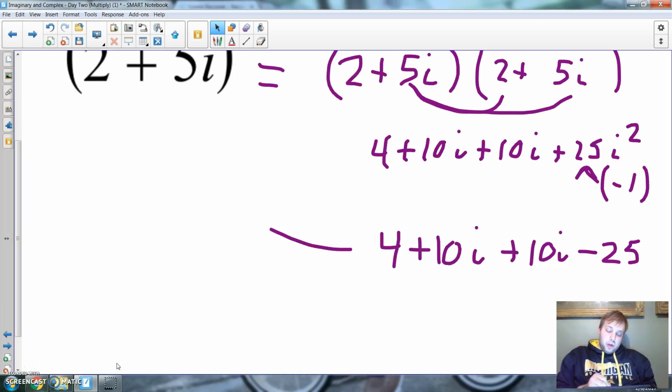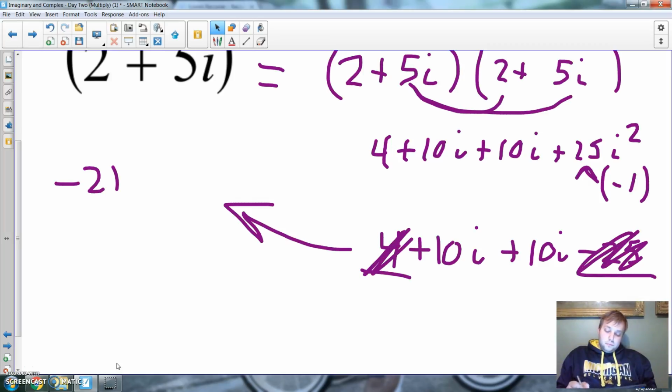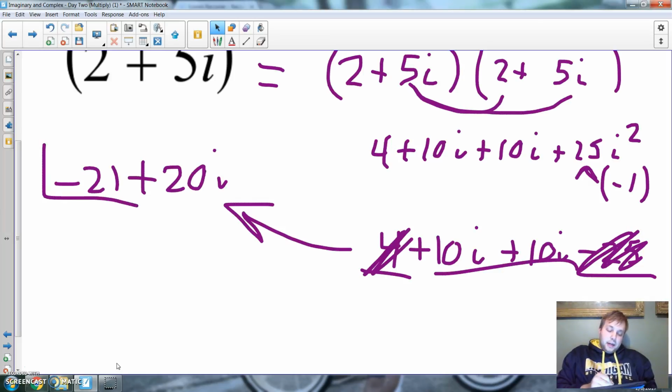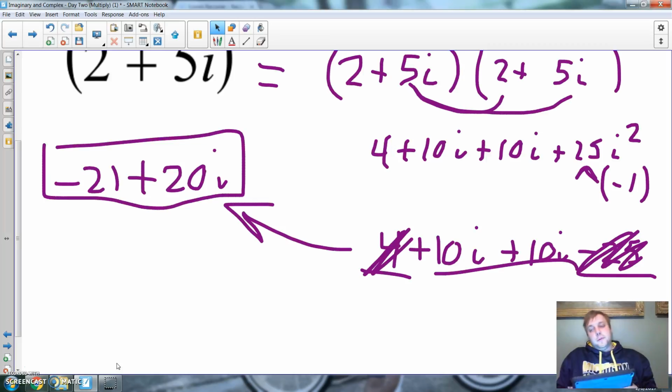Combine like terms. 4 and -25 is -21. 10i and 10i gives me positive 20i. Can't combine those. Those are unlike terms.